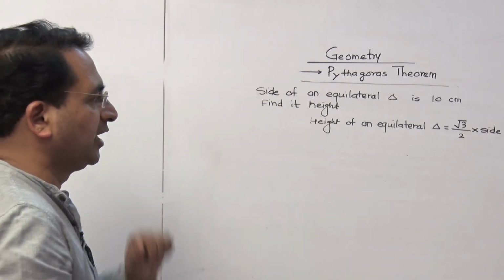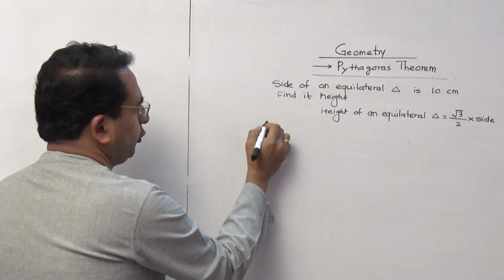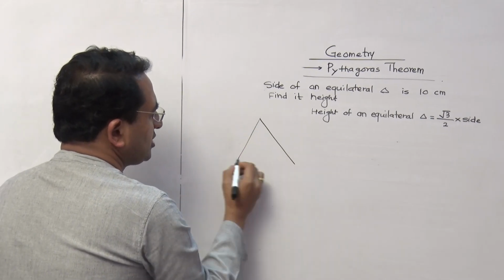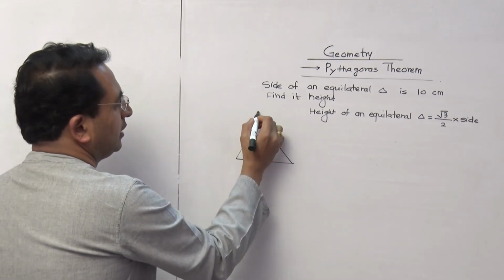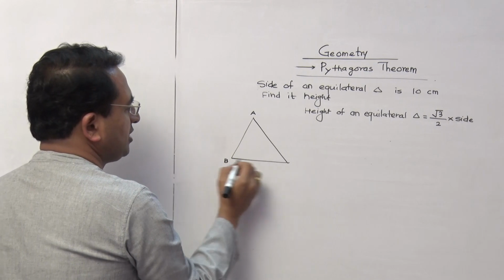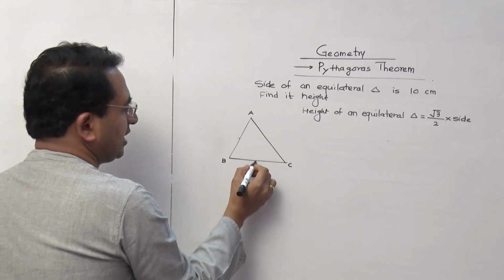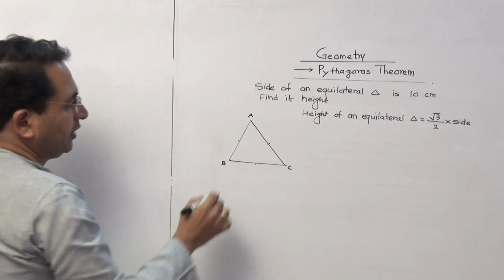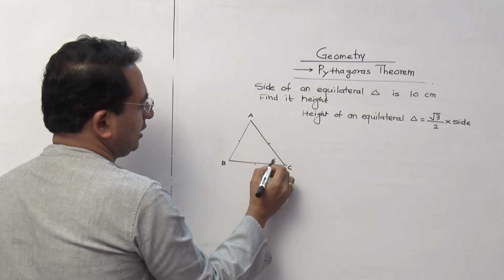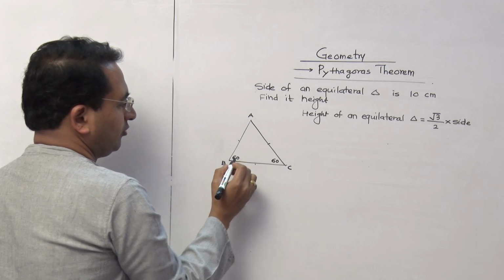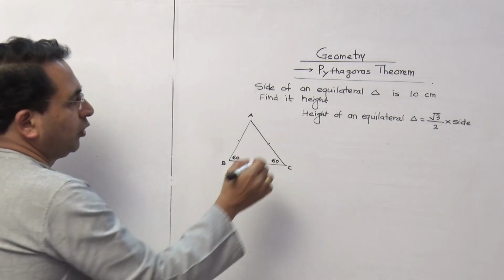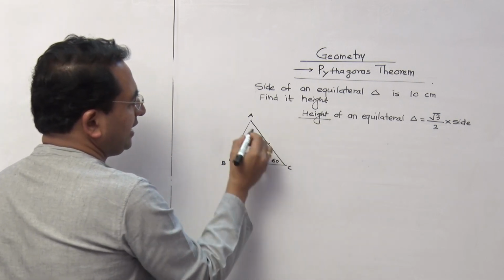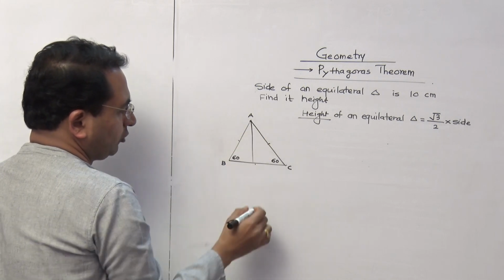Now why is this formula coming? I'll just discuss this for you. Now this is an equilateral triangle. I'll write this as ABC. Now all sides are equal. That's why it is called equilateral. Now if all sides are equal, then this angle will become 60 and this is also 60. Now what do you mean by height? Height is the perpendicular from the vertex on the opposite base.